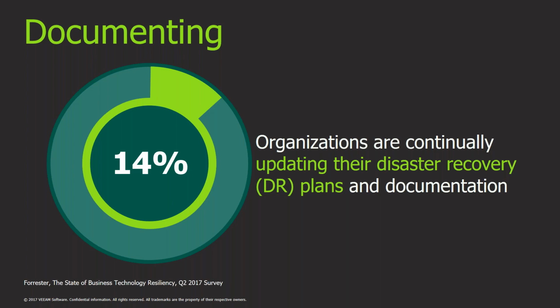Now, when we talk about how big our IT environments have become and how quickly they evolve and change, manually documenting this plan can be a really expensive and really lengthy process, right? Again, especially for those larger environments with continual changes occurring. And that's evidenced by this piece of Forrester research. Just 14% of organizations are updating their DR plans and documentation continually.